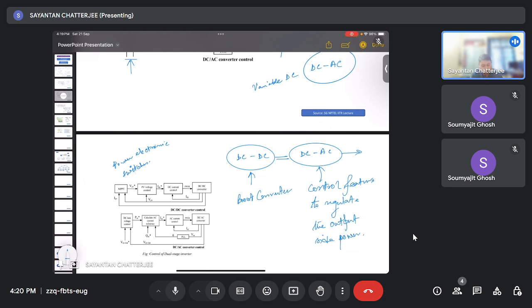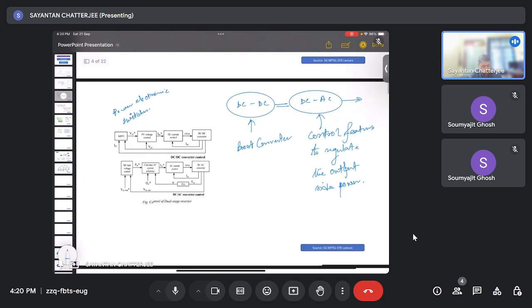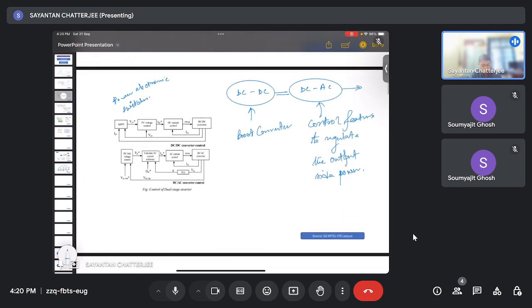Okay, so this is the advantage that we get from this solar mode.